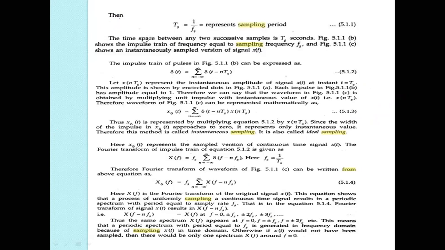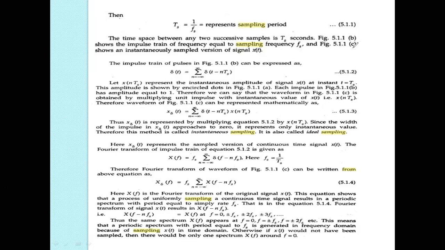So the time space between any two successive samples is Ts seconds, and this shows the impulse train of frequency equal to the sampling frequency fs.